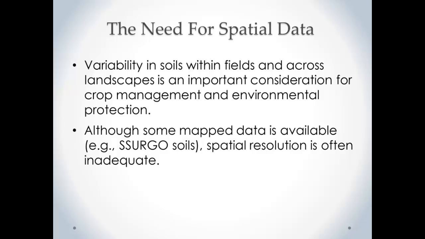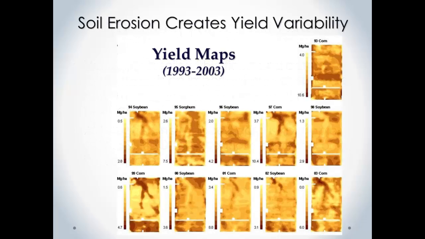We know that this degradation continues to create a signature on the landscape of tremendous yield variability, varying production. This is about a 36 hectare field in the area where we do our research near Centralia, Missouri.